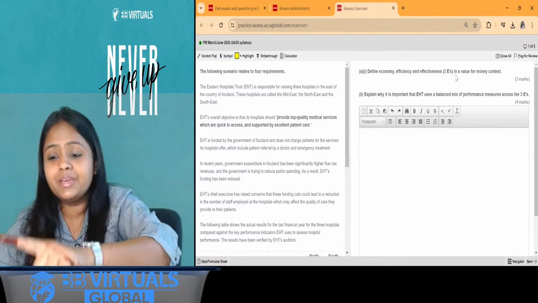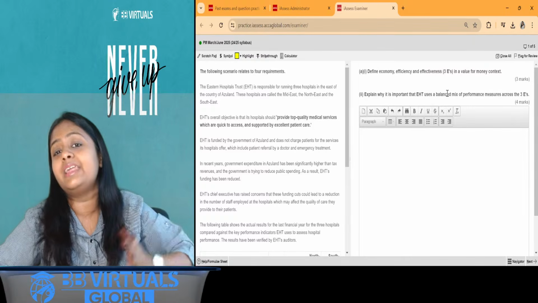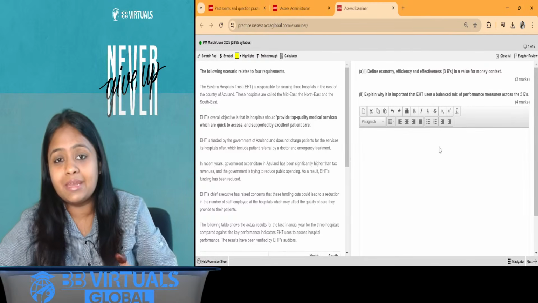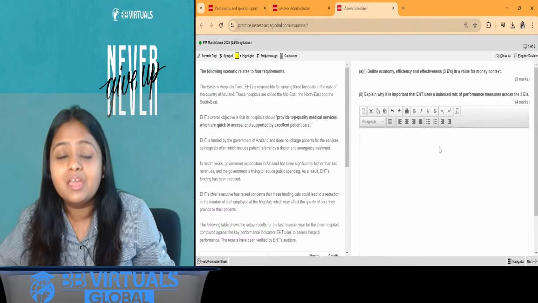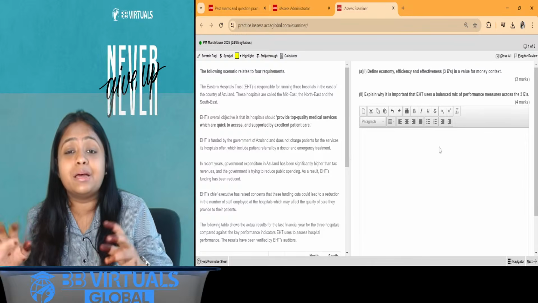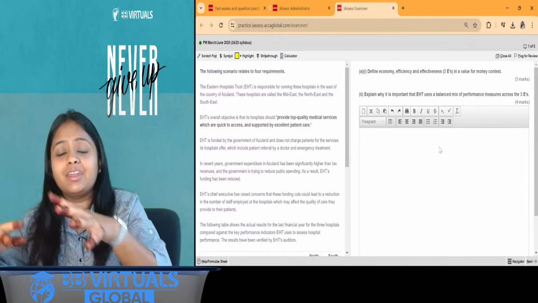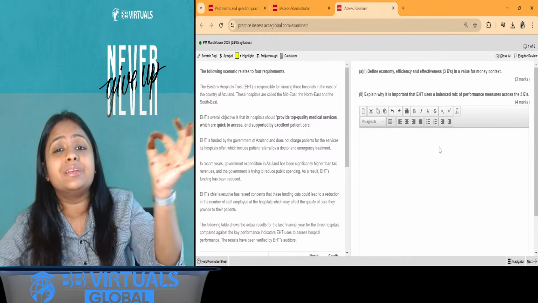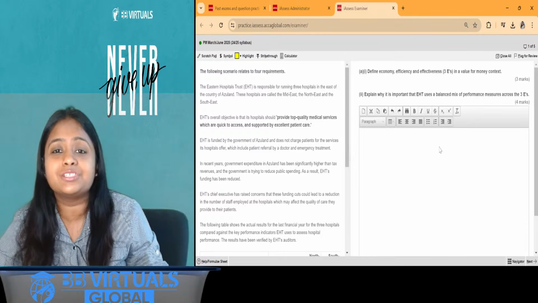Now I read my first question's 2 parts, and then I do back reading. Sometimes not all questions are related to the scenario; sometimes a general question is asked that you have read in your theory. Then start writing that answer only, with no need to read the paragraph. Always read backwards when it comes to section C.